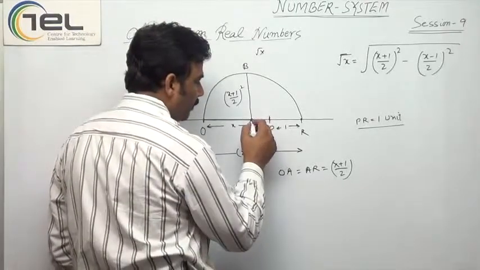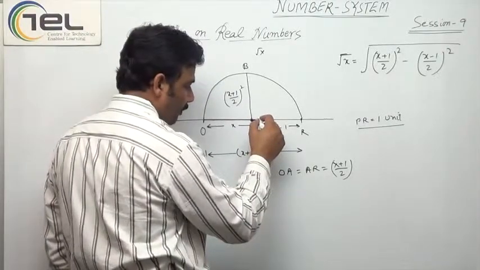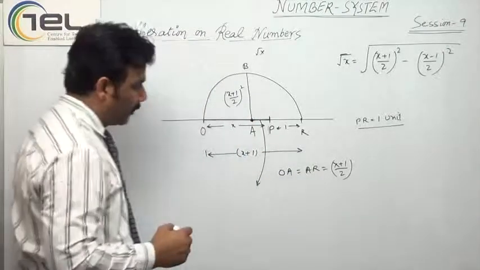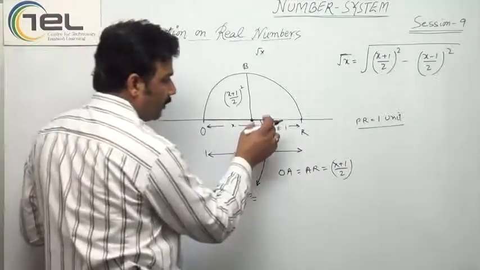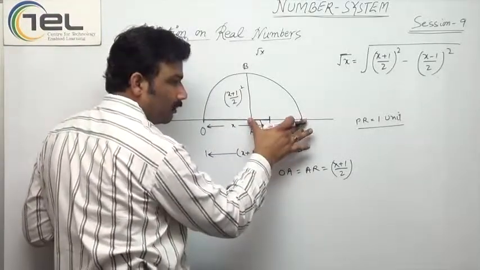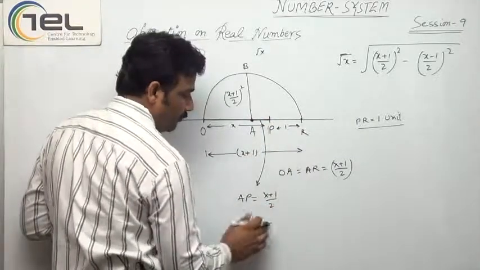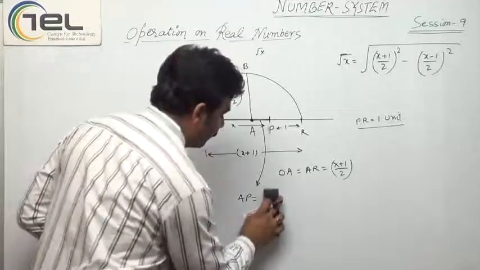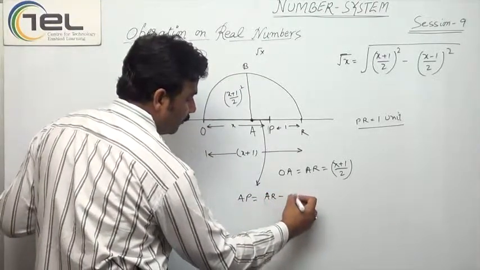And what is this distance? AP. What is this AP? AP is (x plus 1) by 2. Obviously I can write it like this, AR minus PR.